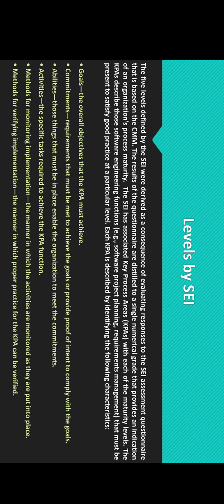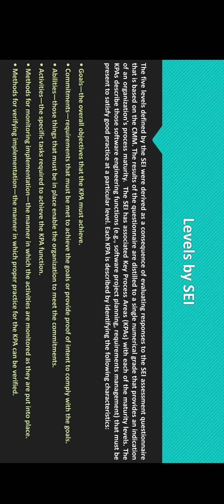Coming to the next subtopic, that is levels by SEI. The 5 levels defined by SEI were derived as a consequence of evaluating responses from the assessment questionnaire given by SEI based on the CMM.